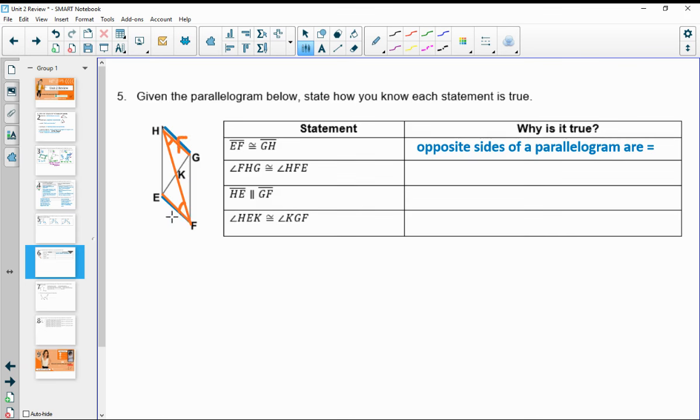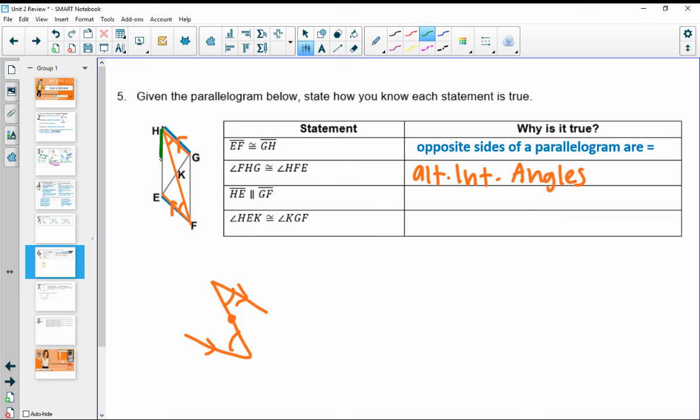Well, we know that these lines here are parallel, so these are alternate interior angles. So we know that when we rotated on parallel lines, if you rotated kind of between the middle of these, this would rotate onto the other one, and that gave us alternate interior angles that are equal.